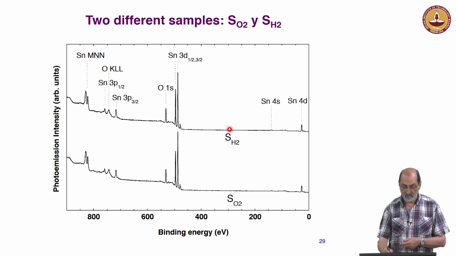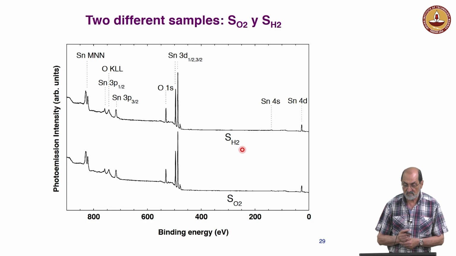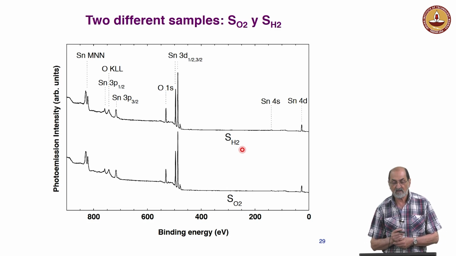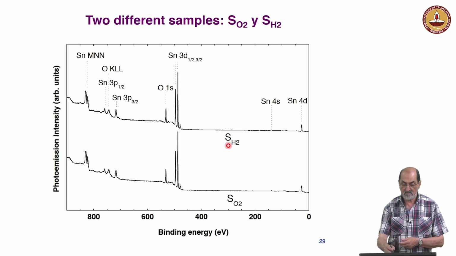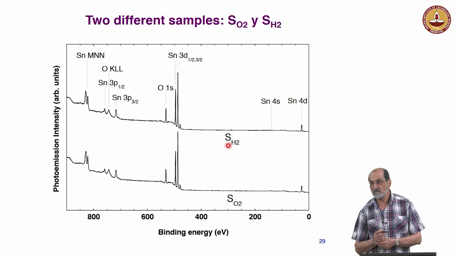And these other samples were prepared in a different way. In a preparation chamber, we introduced some hydrogen, and the hydrogen takes oxygen from the surface. So we are expecting these samples to have a much higher dopant concentration, that is, a much higher density of oxygen vacancies.